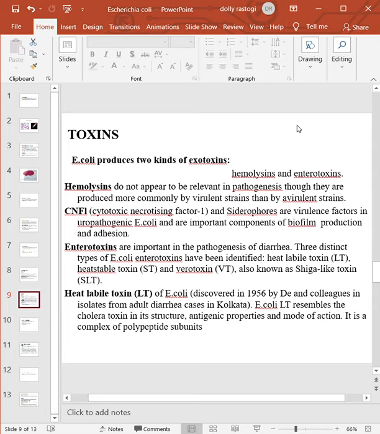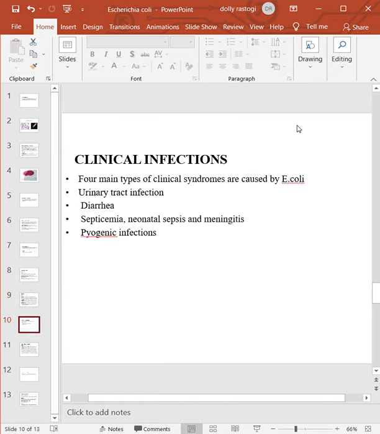The enterotoxins are important in pathogenesis of diarrhea, while the hemolysins do not appear to be relevant in pathogenesis. The heat labile toxin resembles the cholera toxin in structure, antigenic properties and mode of action. It is a complex of polypeptide subunits.